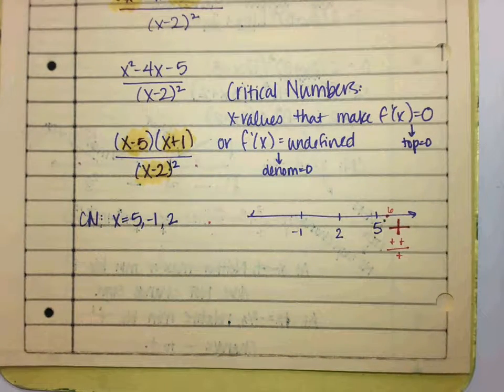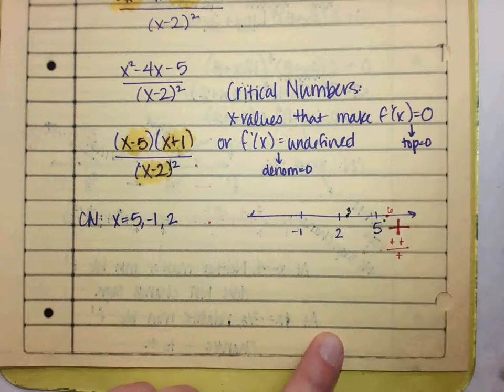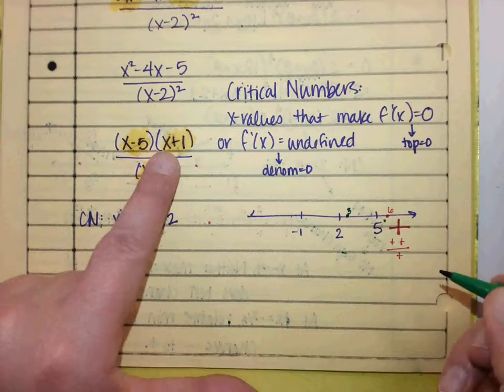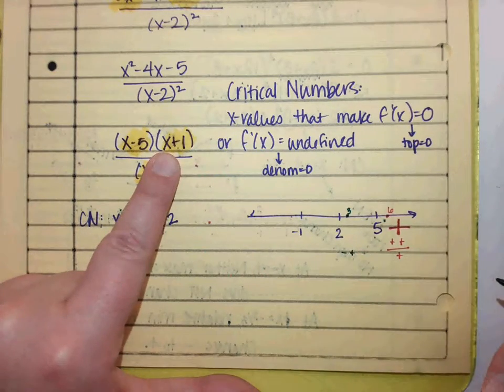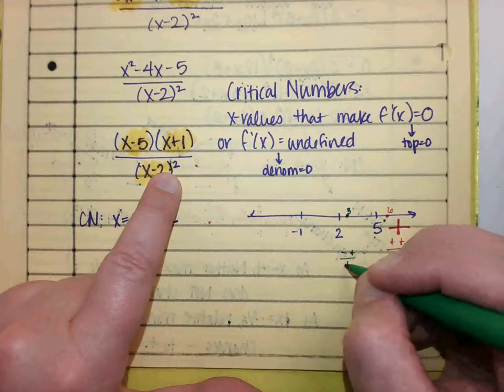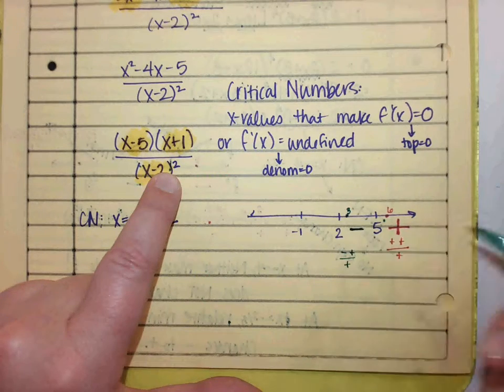Okay, next interval. Smaller than 5 but bigger than 2. Let's say we pick 3. 3 minus 5, negative. 3 plus 1, positive. 3 minus 2 is positive. Square it, still positive. So negative, positive, positive is negative overall.